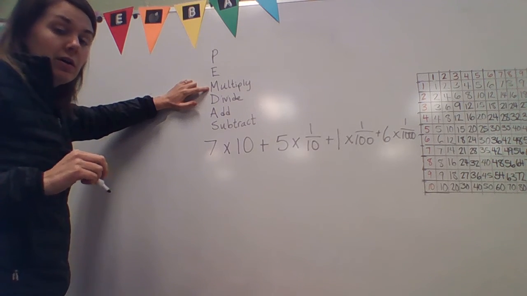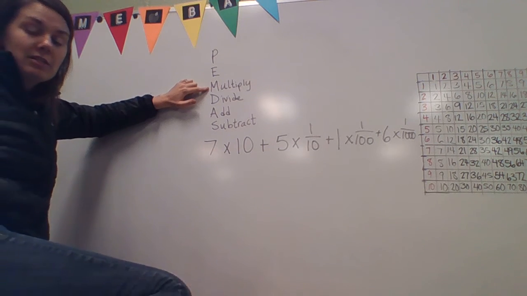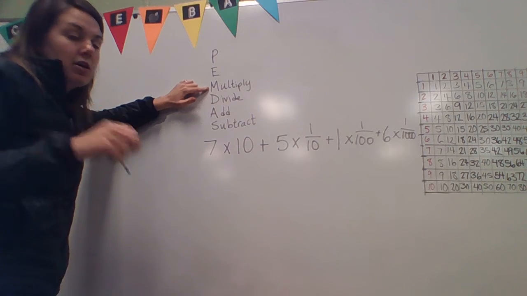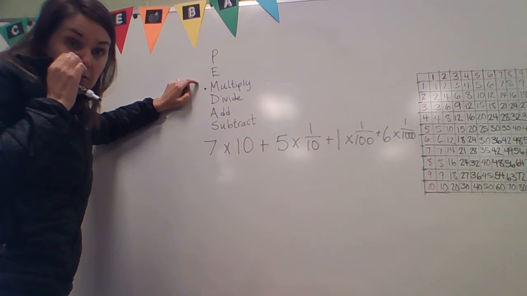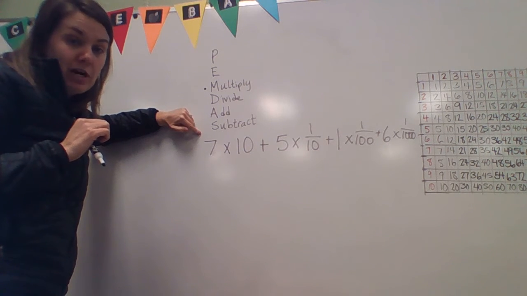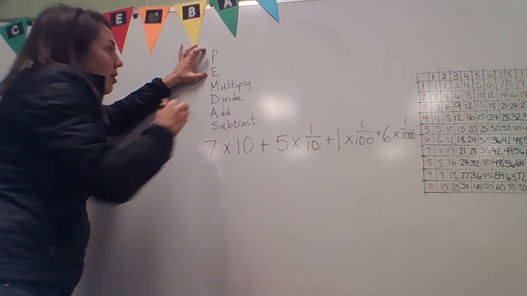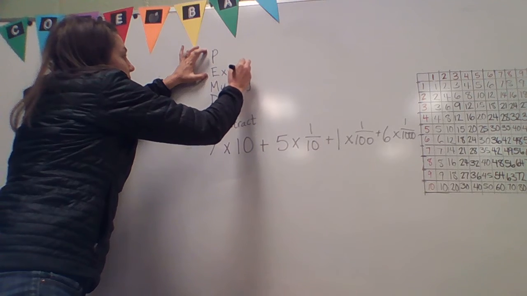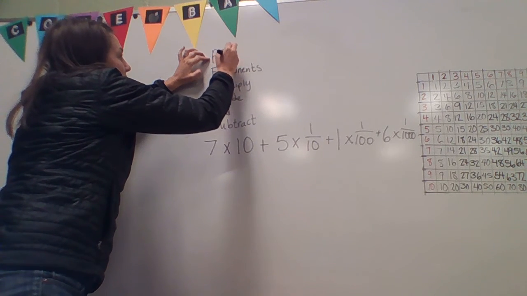If you have a long equation that has all kinds of operations in it, addition, subtraction, multiplication, and division, you're going to first tackle the multiplication, then the division, then the addition, then the subtraction. Now, the only other things in here are E is for exponents, and P is for parentheses.